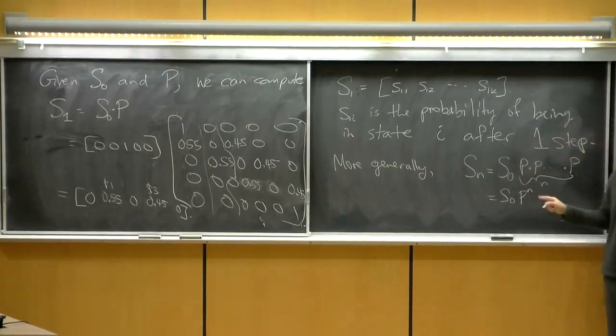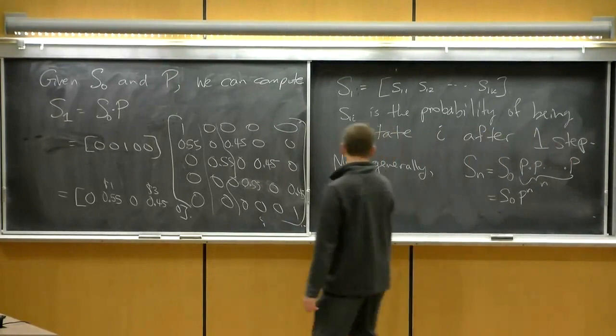So P to the power n just means multiply P by itself n times. So this matrix will tell you the probability of being in any given state after n steps.